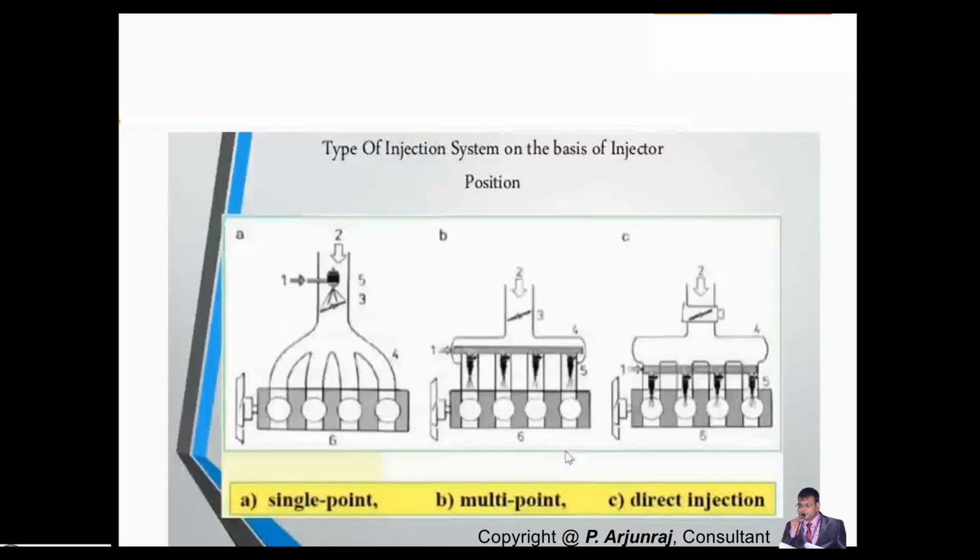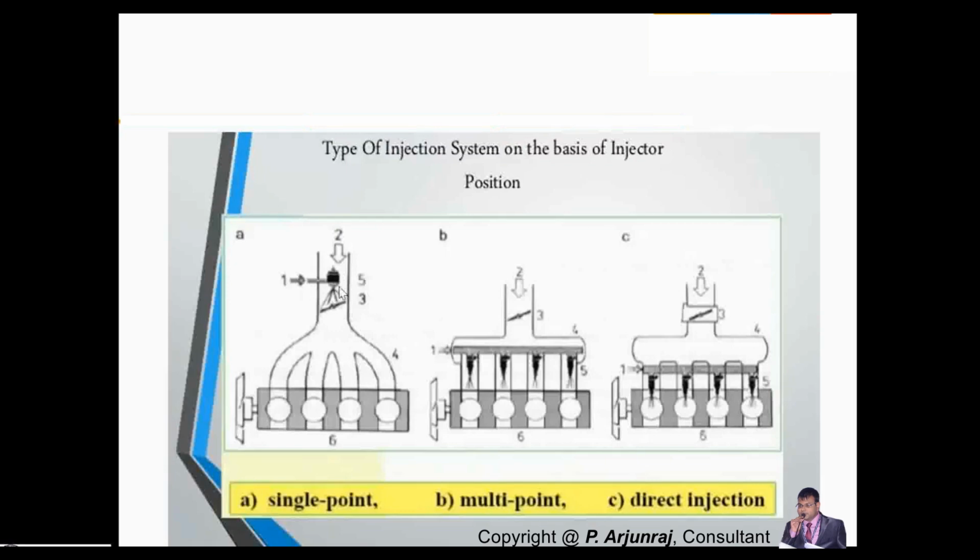Okay, so this is the B category. What I have shown in the previous slide gives a better understanding in this slide now. In the case of a single point fuel injection system, you have a single injector, which is placed near the throttle valve, where it will allow the quantity of air to the system.